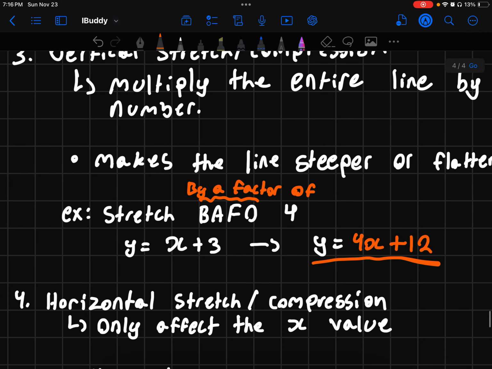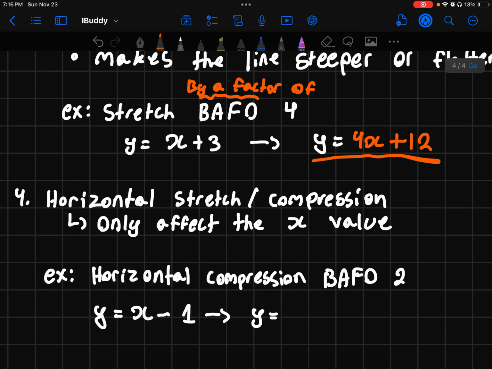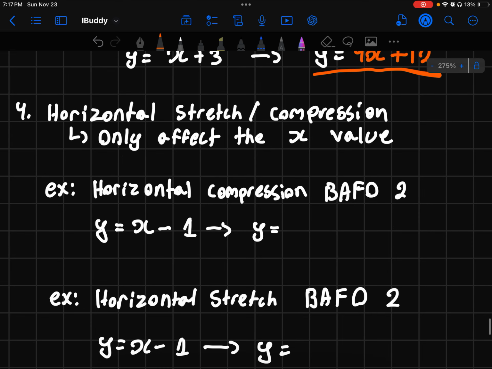Okay. Now, let's do a horizontal stretch and a horizontal compression. So a horizontal stretch and compression, they only affect the x value. So let's go for an example. A horizontal compression by a factor of 2.